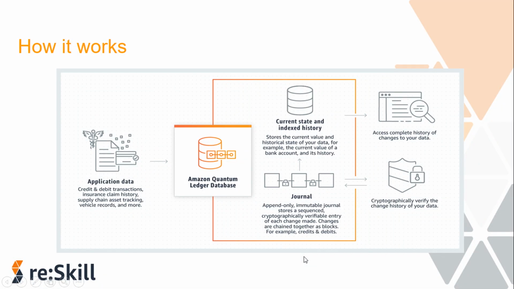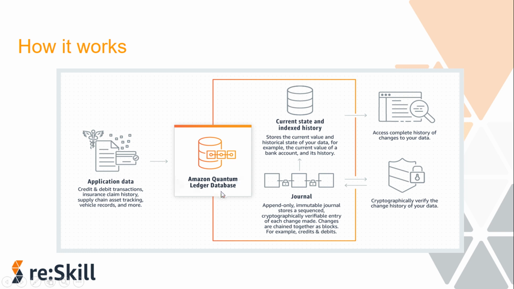Let's see a little bit about how this works. QLDB is fully managed, and it provides a transparent, immutable, cryptographically verifiable transaction log. That is what we have been discussing till now. Now how it works is, you can see, let's say we have some application data, like credit and debit transactions, some insurance claim history, some supply chain asset tracking, or some vehicle records, and it can be anything else as well.